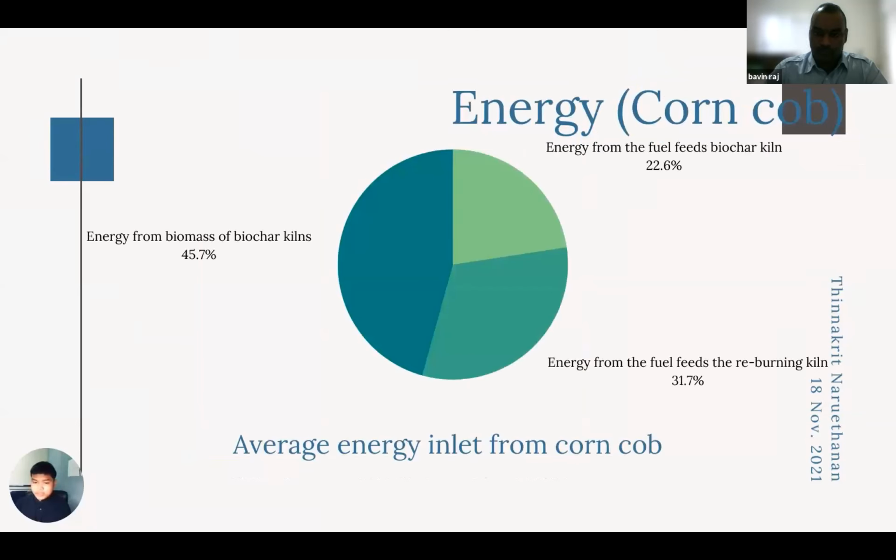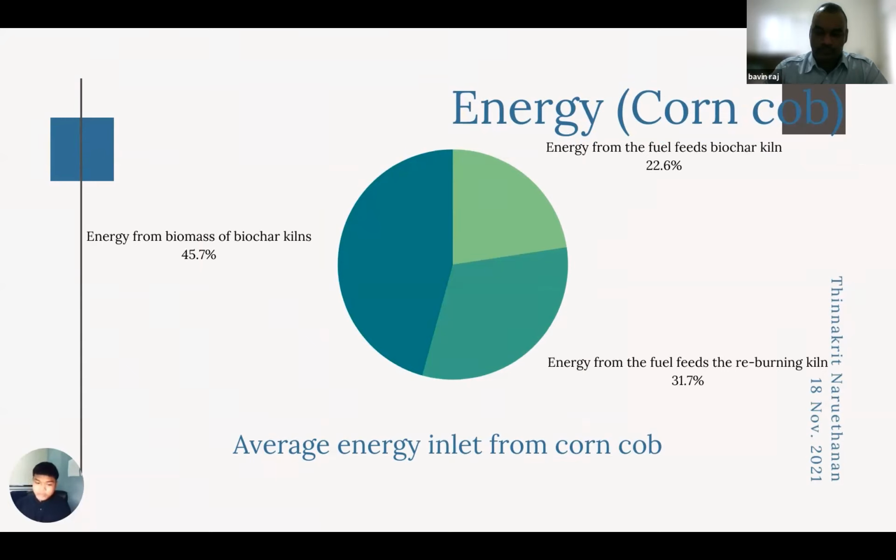When analyzing energy balance, it can divide into average inlet energy: energy from biomass of biochar tins, energy from fuel feed biochar tin, and energy from the fuel feed of labeling tin.